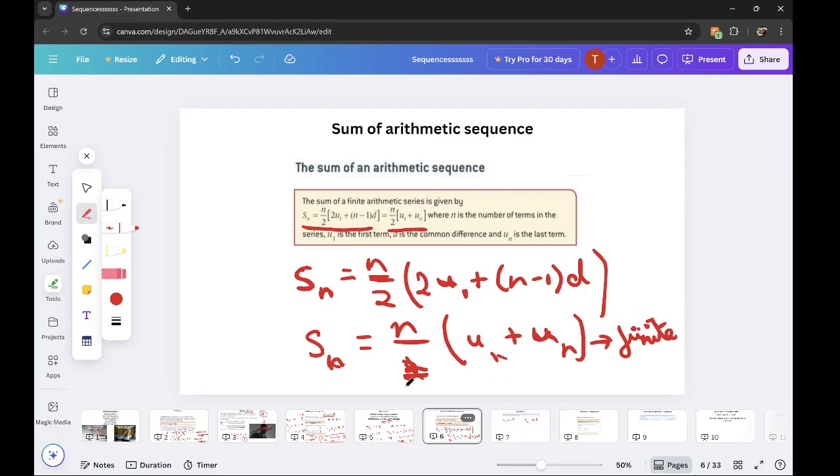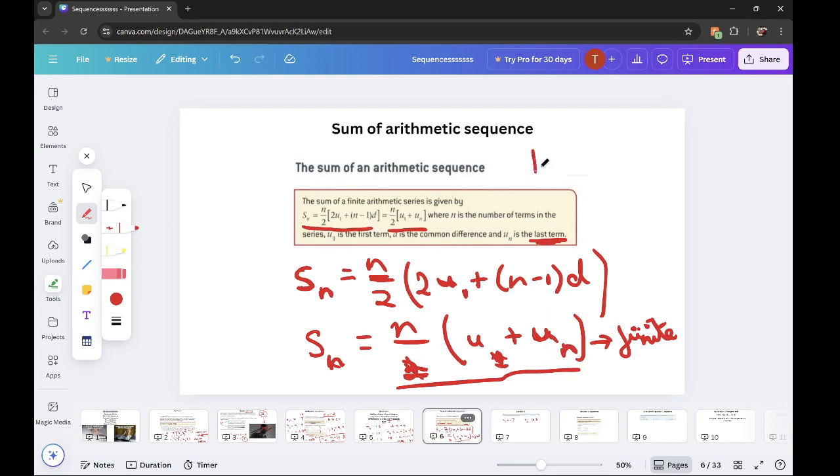You cannot use this formula everywhere. There's a reason for that too. The reason is that u of 1 is your first term and u of n is your last term. This has to be your last term.